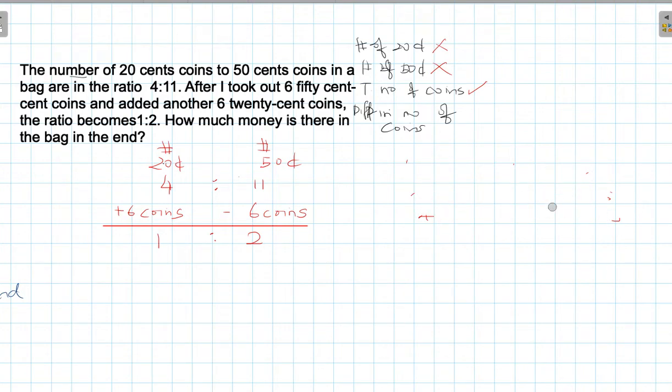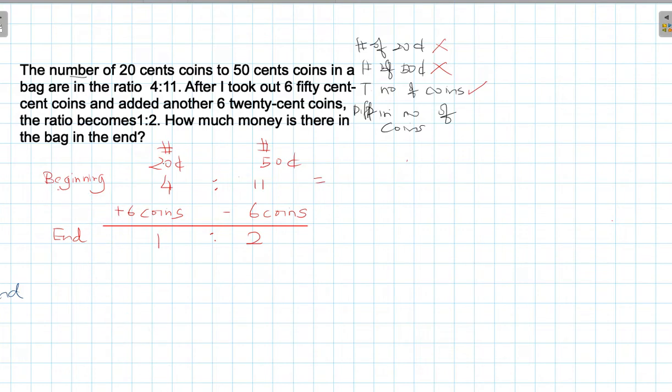And this time around, what didn't change is the total number of coins from the beginning to the end. So I see what is the total number of coins at the beginning. Here is the beginning, right? Okay, here is the end.